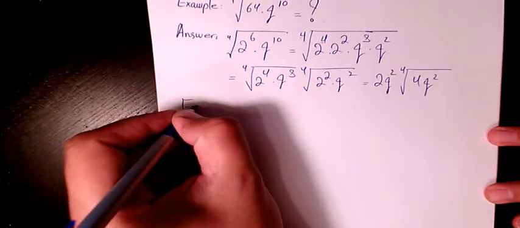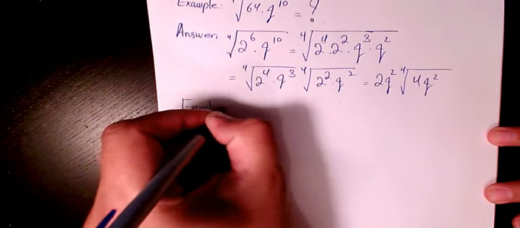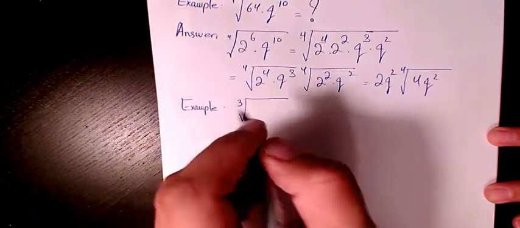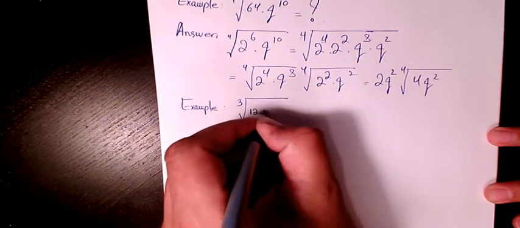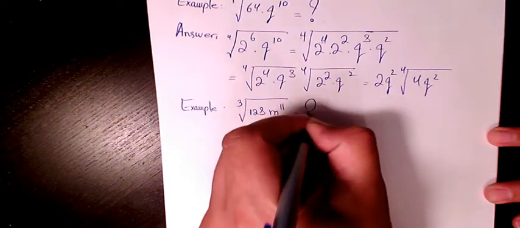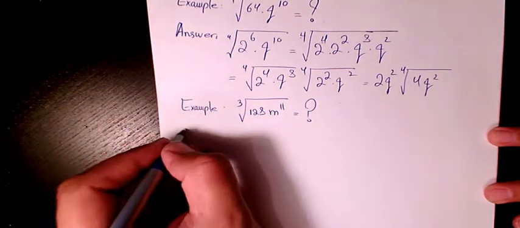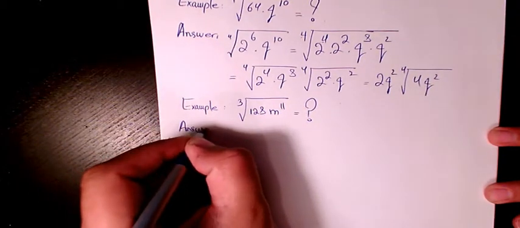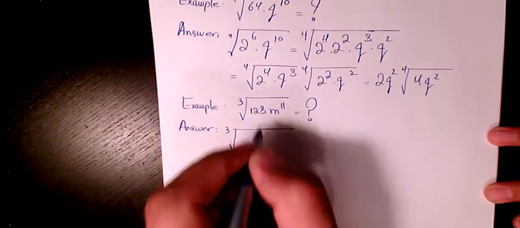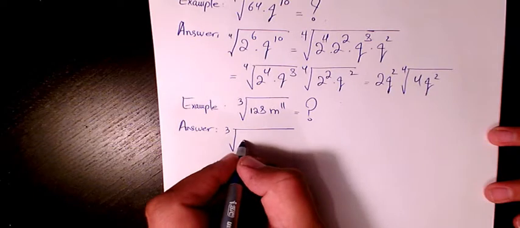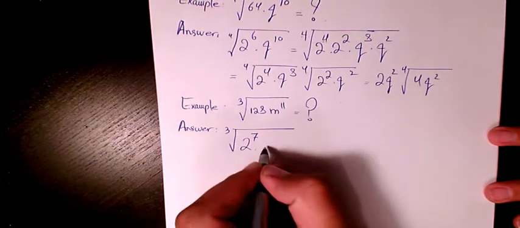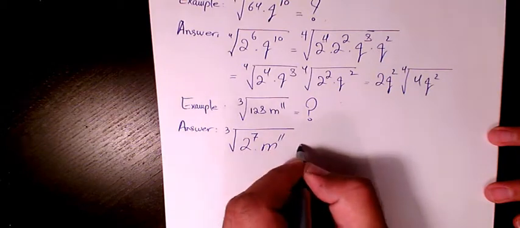Next example is the cube root of 128 m to the power of 11. Answer is 128 is 2 to the power of 7, m to the power of 11.